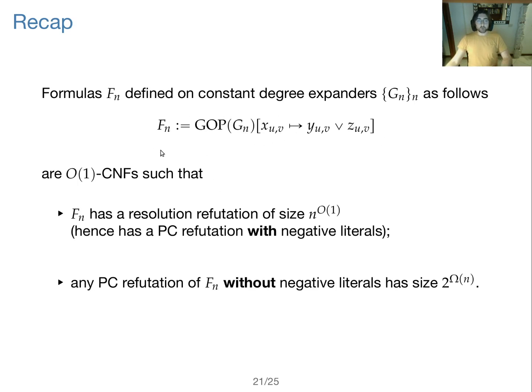Now, this formula Fn is a constant width CNF, such that Fn has a resolution refutation of polynomial size, and in particular also has a polynomial calculus refutation of polynomial size when using negative literals. But any polynomial calculus refutation of Fn without negative literals requires exponential size. So this is the main result of the talk.